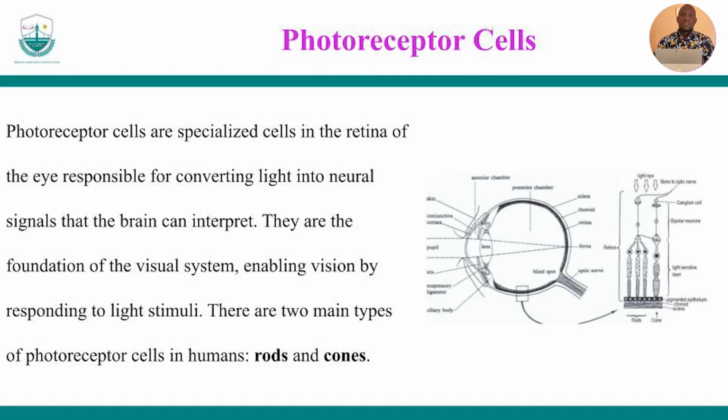Without them, there is nothing that the brain can use to interpret what it has seen. So it is the photoreceptor cells that are the foundation of the visual system. Of course, it's like the starting point.